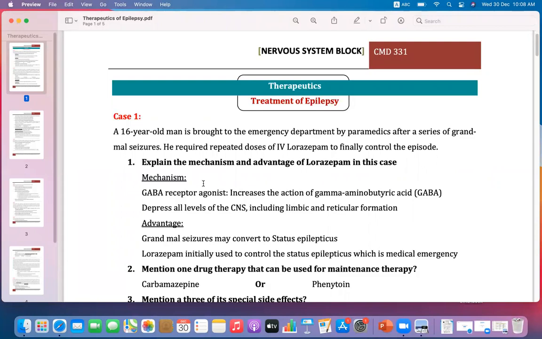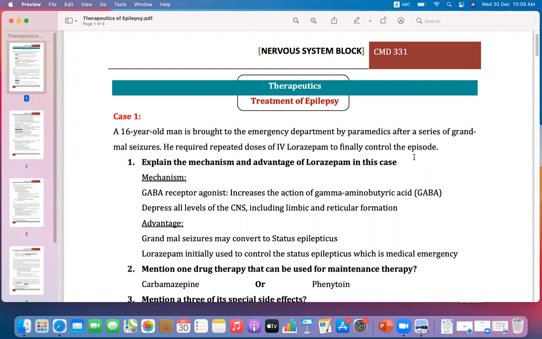Now, this grand mal seizure is a type of generalized seizure. He required repeated doses of IV lorazepam to finally control the episodes of the seizure.